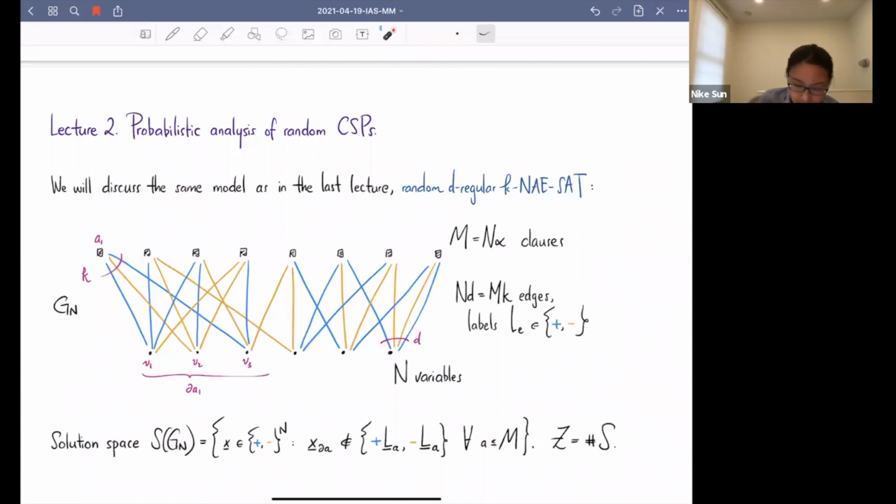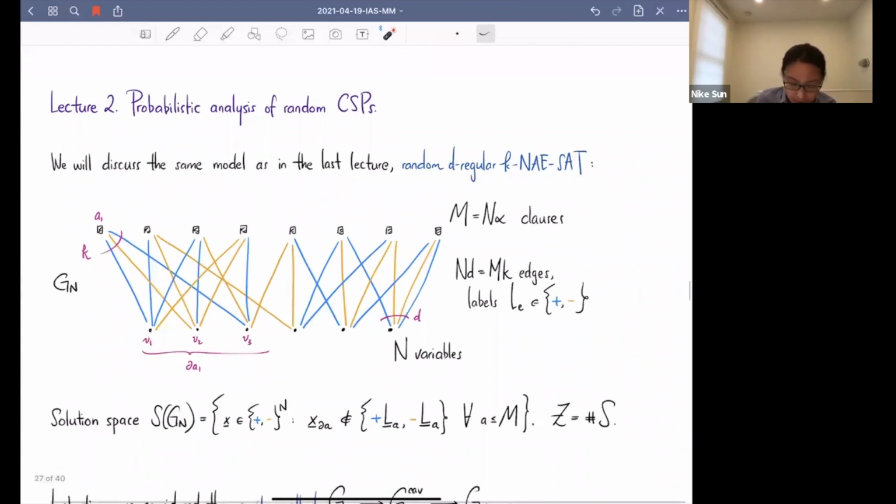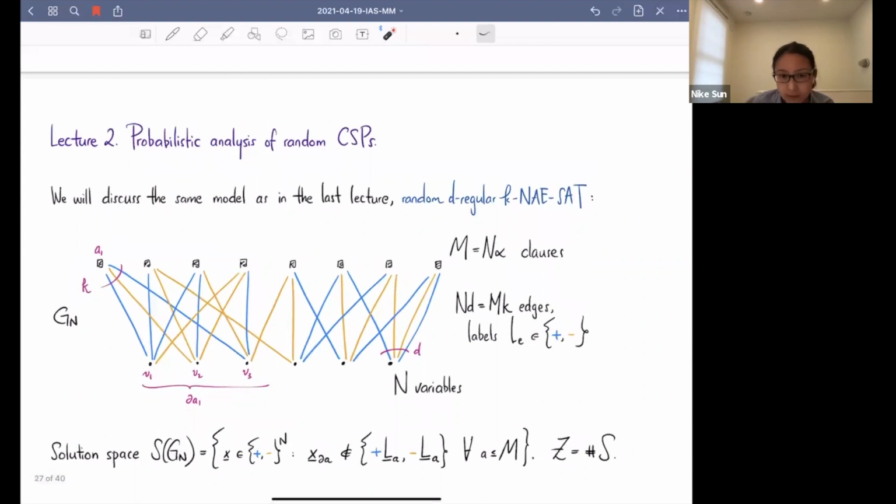But today we're going to discuss the same model as last time, random d-regular k-not-all-equal SAT. To quickly remind you, the model is that we have a random graph where one side are the constraints or clauses, and on the other side are the plus-minus variables, which we get to choose. There are n variables.